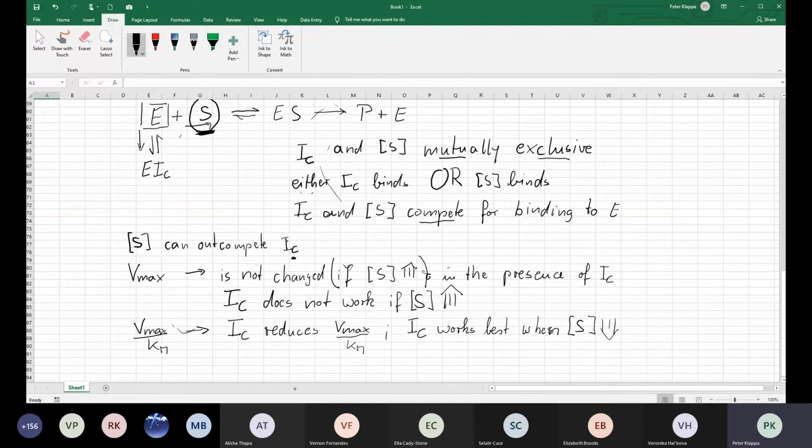There's hardly any substrate left, so the inhibitor grabs the enzyme and forms this inhibitor complex.